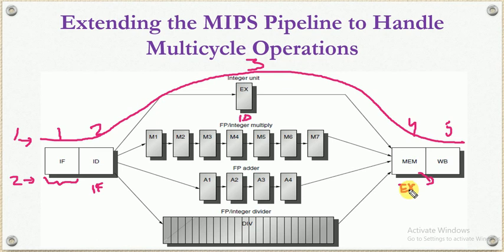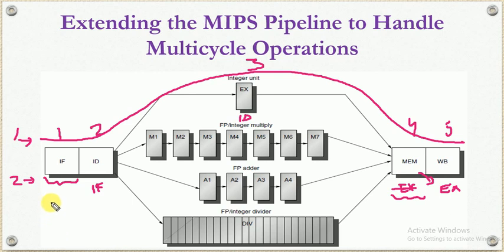But the problem is in the fourth stage the previous load is not completed, because after the end of the fourth clock cycle only the load procedure will be completed. So the second instruction cannot do execution at the 4th clock cycle, so it has to be delayed till the 5th stage.